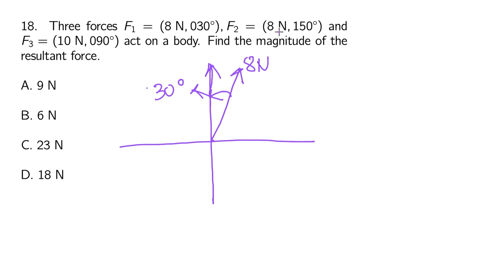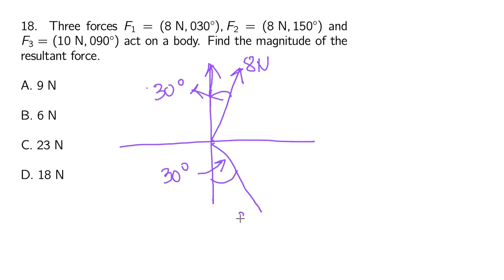The second one is F2. It's also 8 Newton, but in a different direction. It's 150 degrees from here. So given that all the way down here is 180, we know that the angle it also makes with the y-axis, this angle, is also 30 degrees.